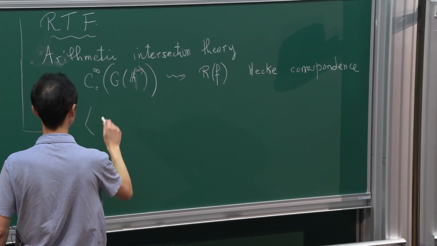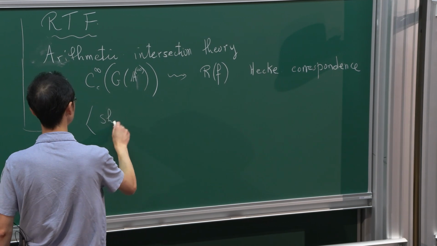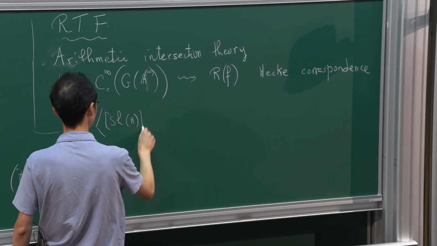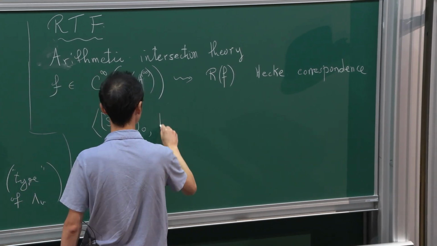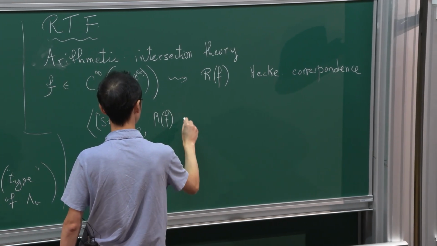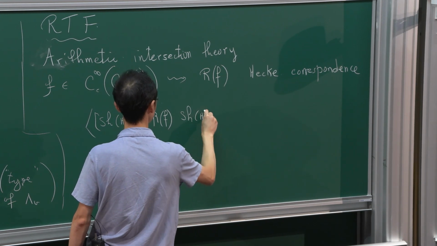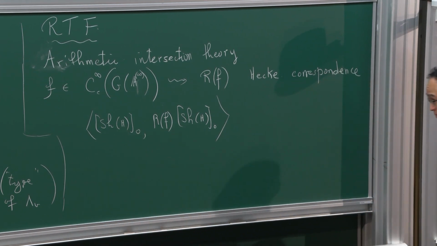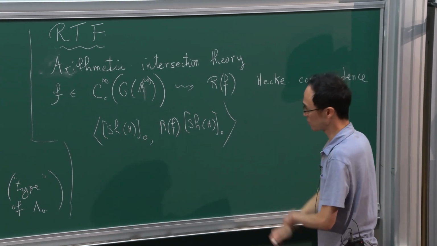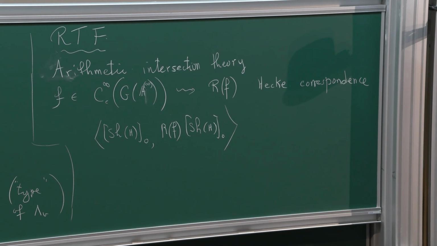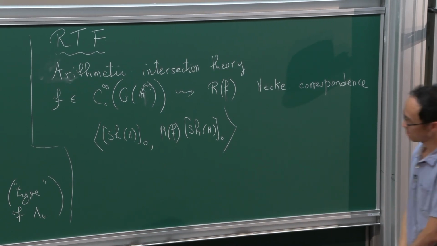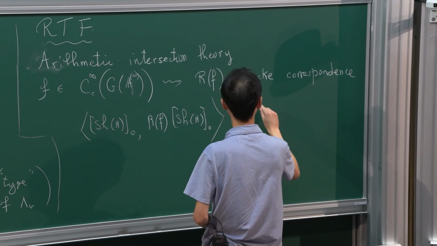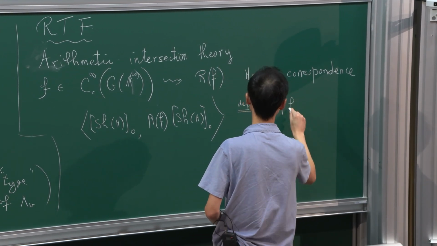So I can talk about the height pairing, intersection pairing, or p-adic height. I take this cycle class, this algebraic cycle, then project and apply the pairing. You can choose one of those pairings we mentioned earlier. So you make this definition and call it the intersection, Int f.